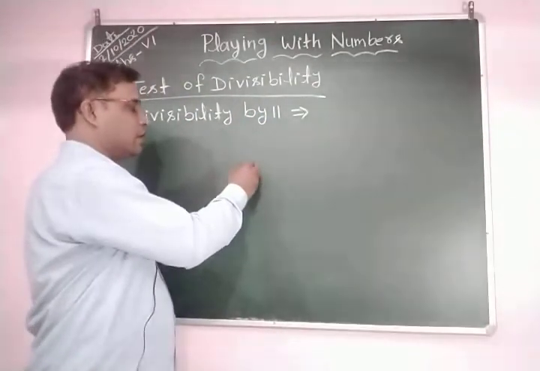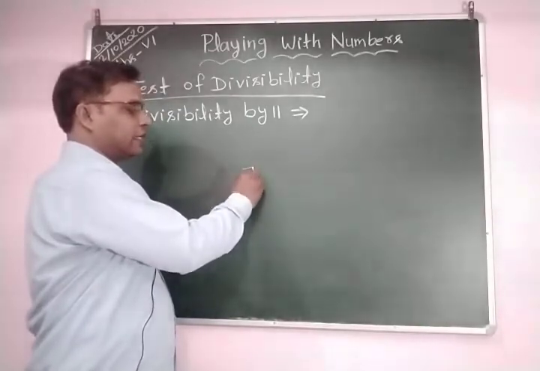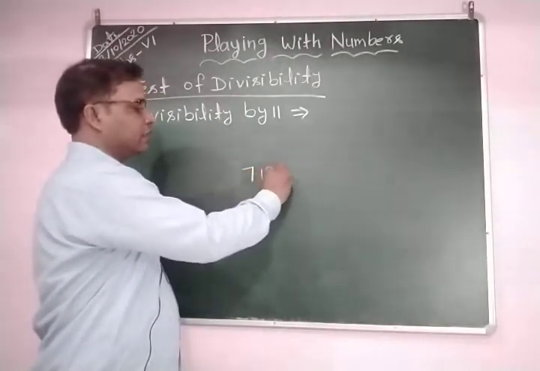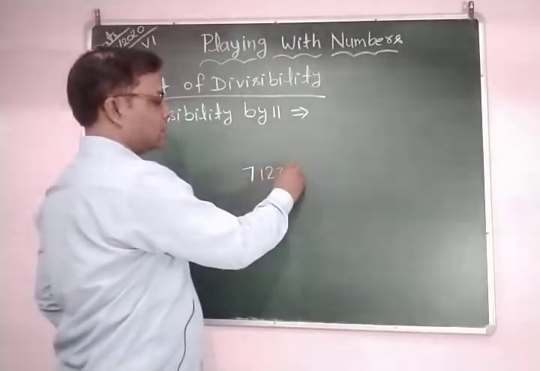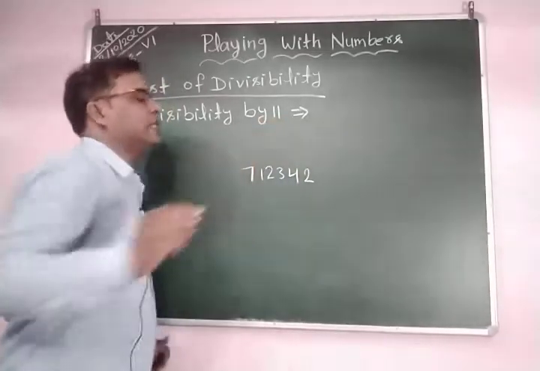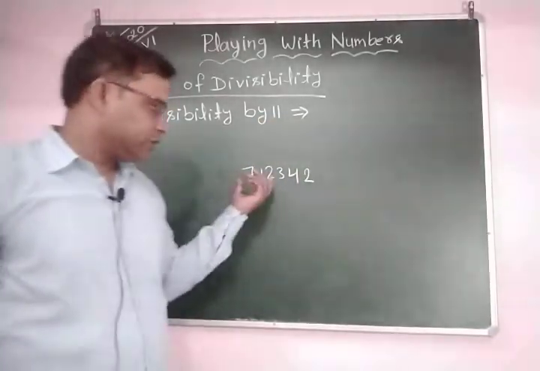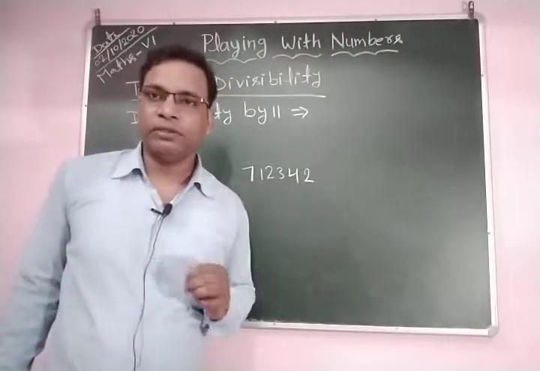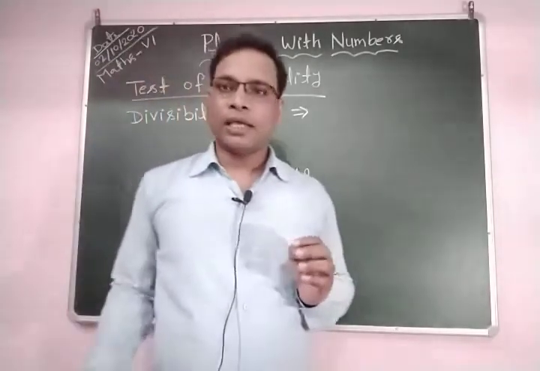Suppose we take any random number, 7 2 3 4 2. Is this number divisible by 3 or not? How do you know? First, according to the divisibility test of 3.